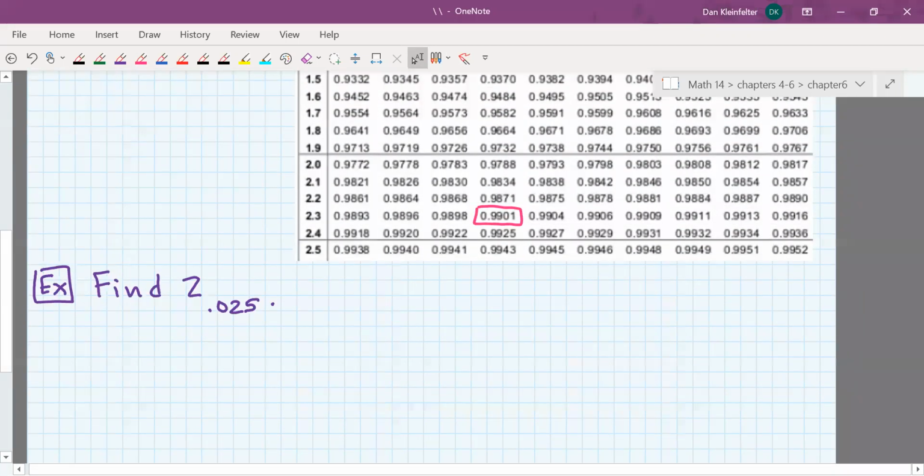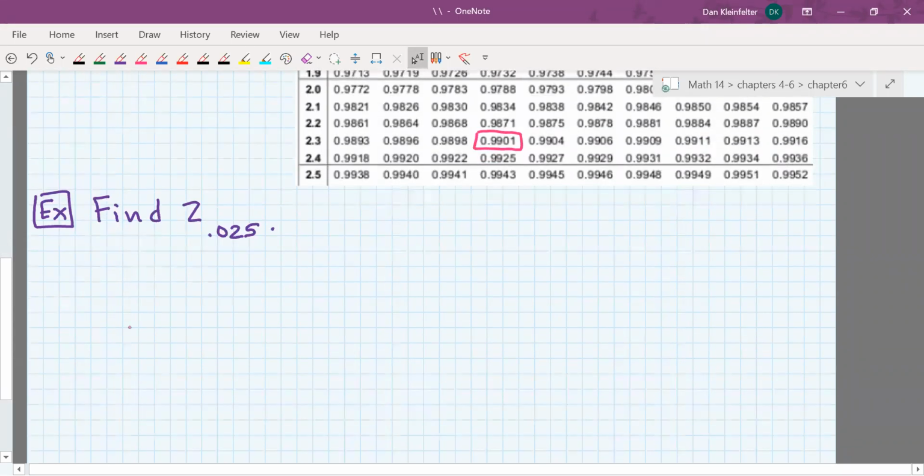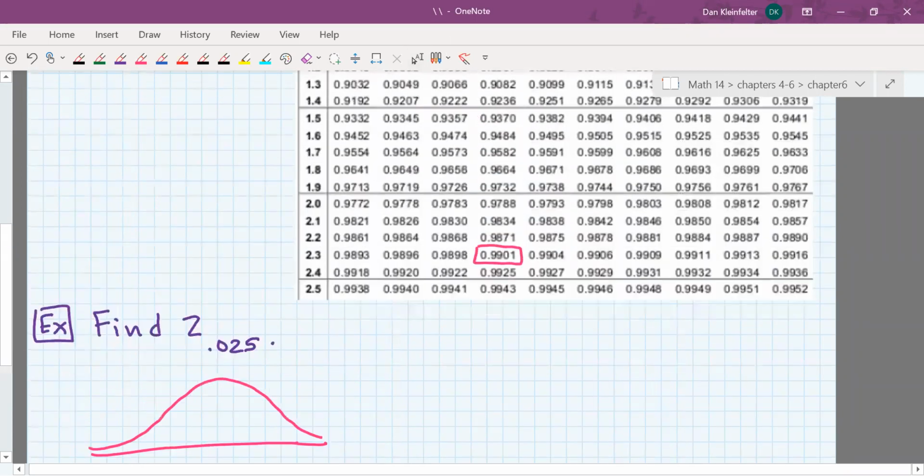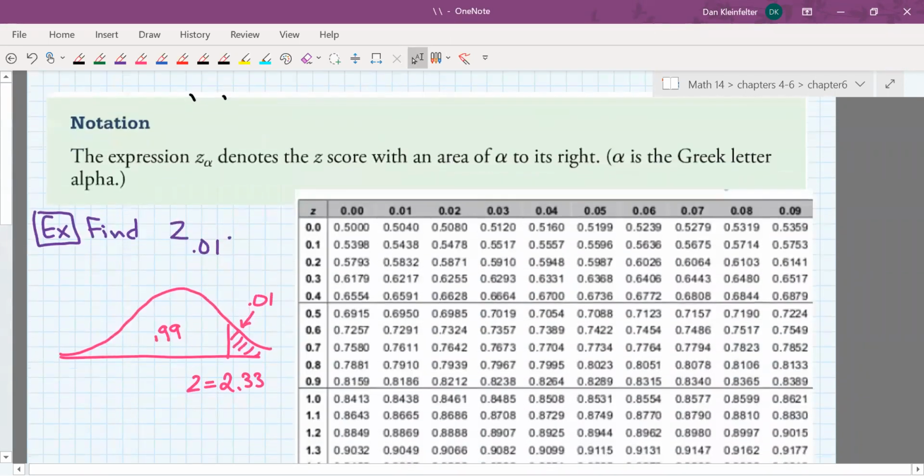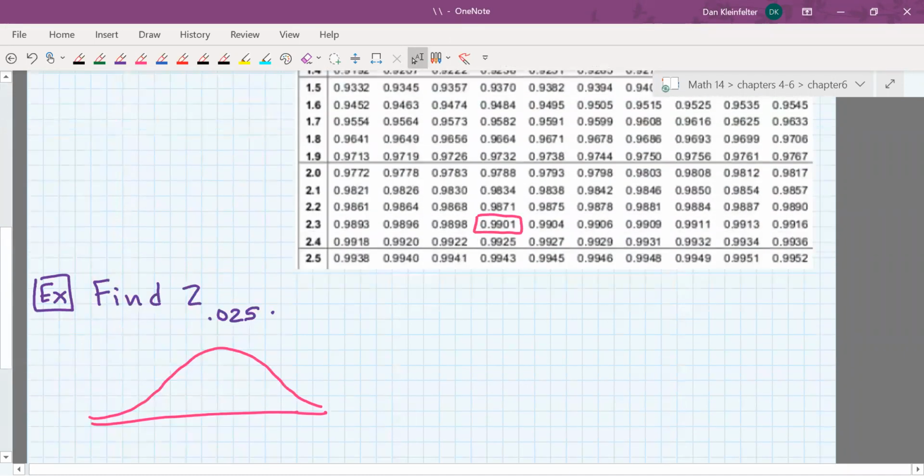Now we want Z 0.025. So we want to know a Z value that gives an area of alpha to its right. Here alpha is 0.025, so we want 0.025 to the right.